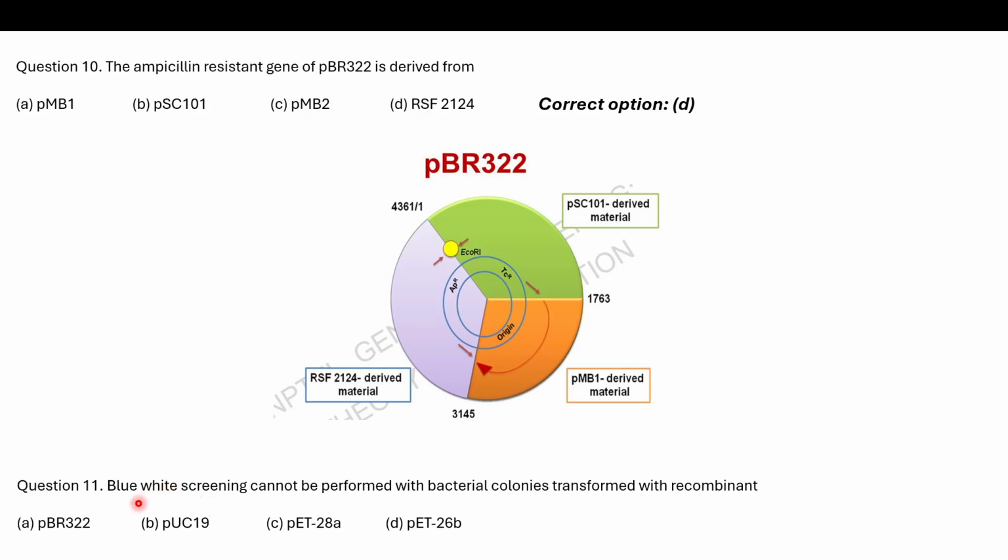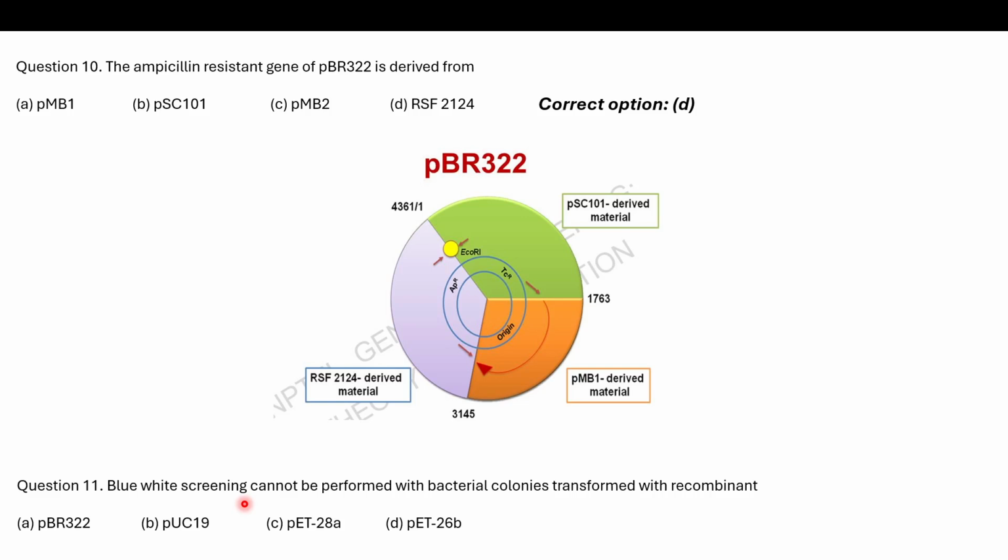For blue-white screening, what do we need? We need the activity of beta galactosidase, to check its activity on the X-gal product. Now, for beta galactosidase activity, which particular gene do we need? We need the lacZ gene, right?